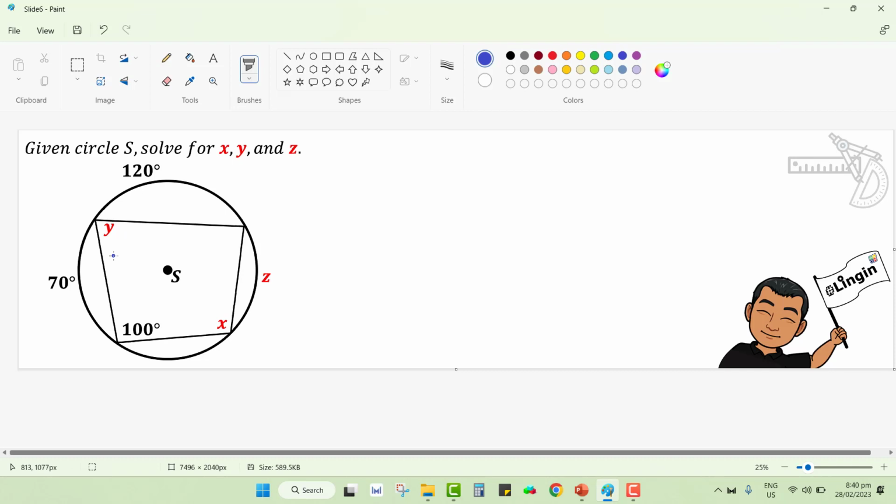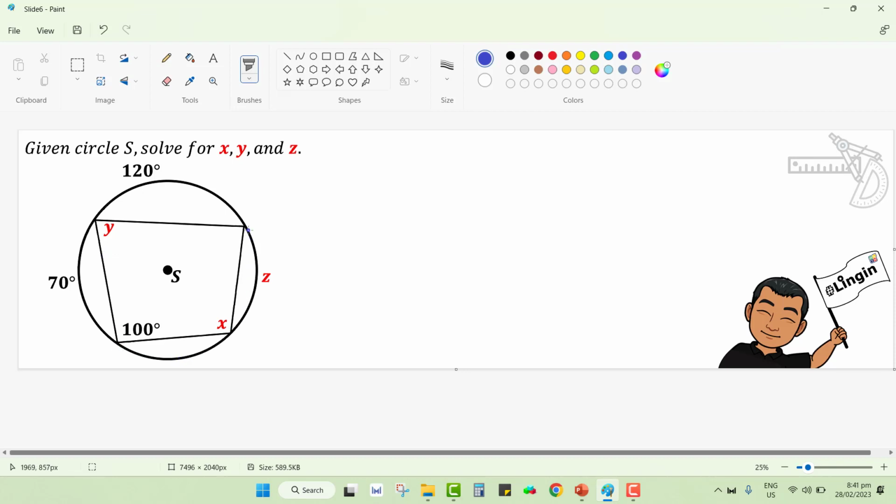But before we go to that, let us try to determine first which of the two can be solved first. If we look into y, aside from its relationship to x, what we can draw as part of our computation is that the inscribed angle is half the measurement of its intercepted arc.